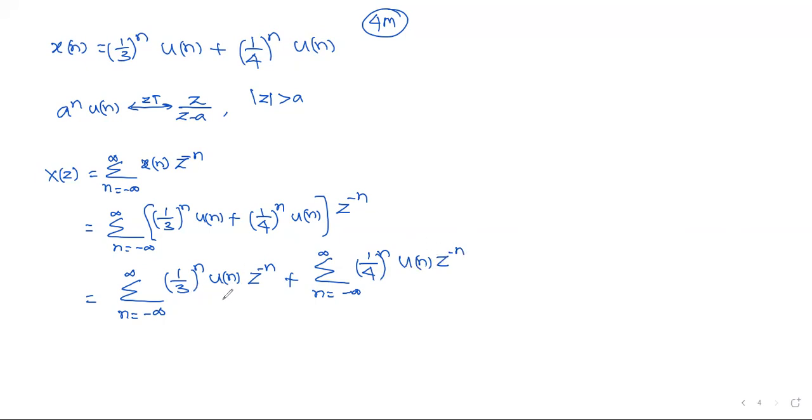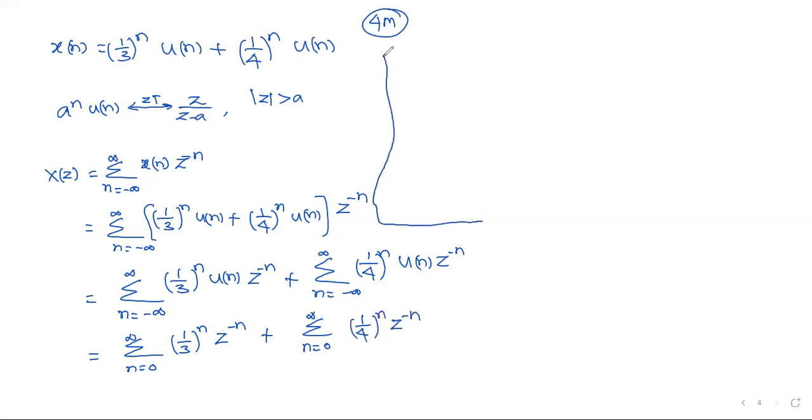Now, whenever you observe that u(n) is a right-sided signal, the limits will become summation n equal to 0 to infinity (1/3)^n z^(-n) plus summation, here also u(n) is there, n equal to 0 to infinity (1/4)^n z^(-n).